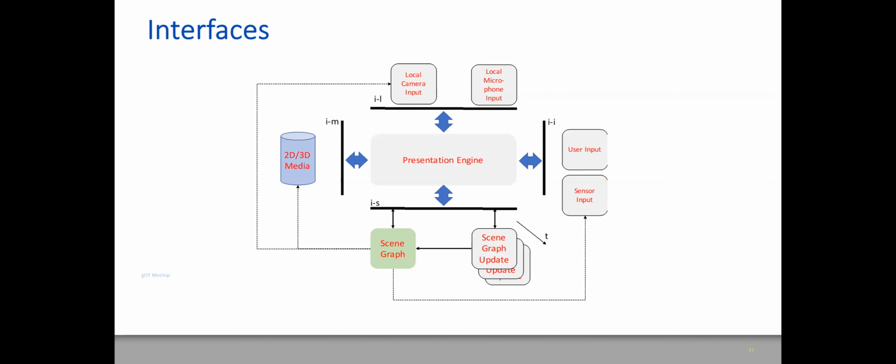And the scene graph or the scene description comes over a separate interface, what we call the S interface. That's where the presentation engine will fetch the first scene graph or scene description document, and then subsequently get the updates to the scene graph.